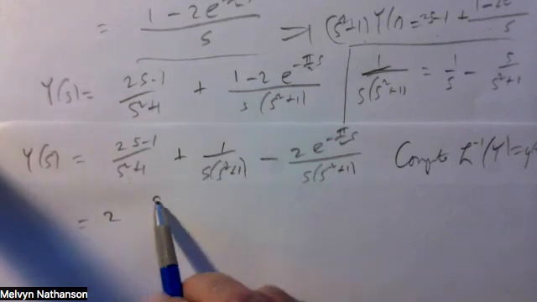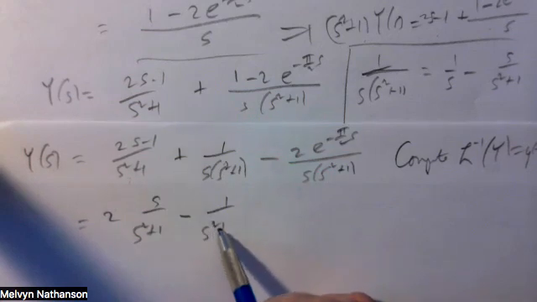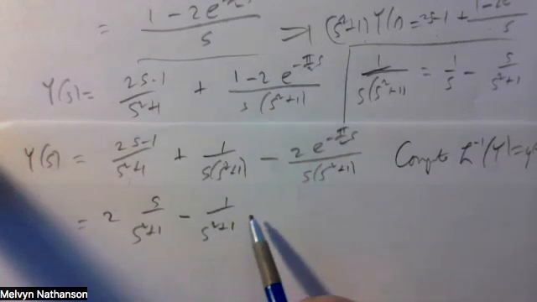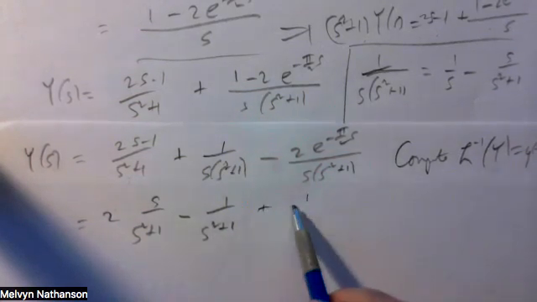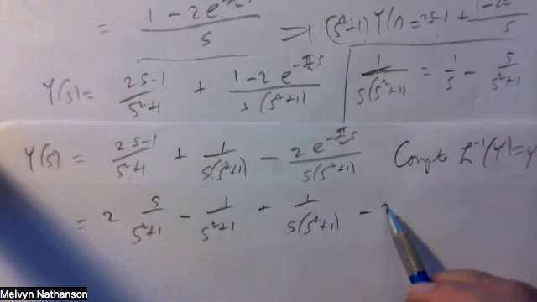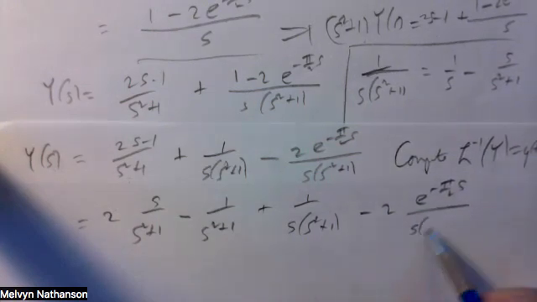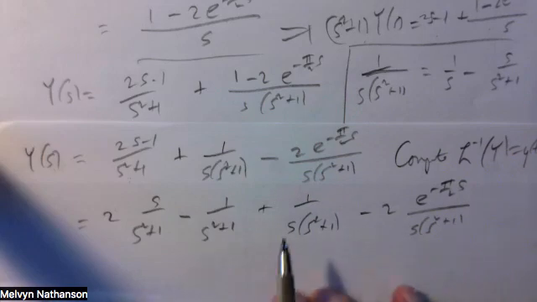This is 2s over s squared plus 1 minus 1 over s squared plus 1 plus 1 over s times s squared plus 1 minus 2 e to the minus pi over 2s over s times s squared plus 1.